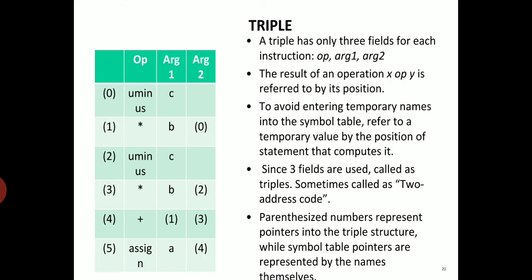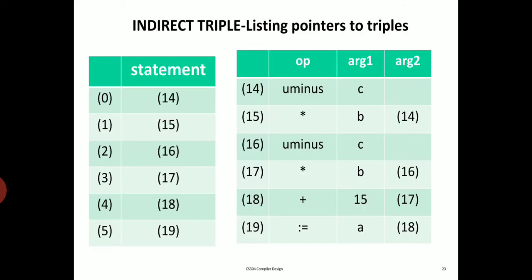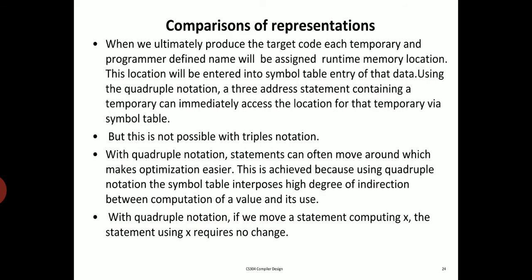That is what is said. But in the case of triples, it is affected. In the case of indirect triple also, it will not be affected because 0 is indirectly pointing to 14. So if you arrange 0 in the position of 3, that can also point to 14. So there will not be any problem because this triple table will not get any change when we reorder the statements here. That is one comparison or observation when we compare the representations.